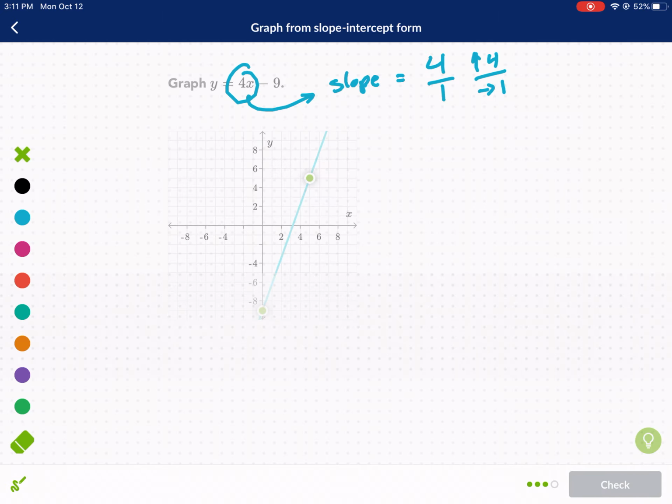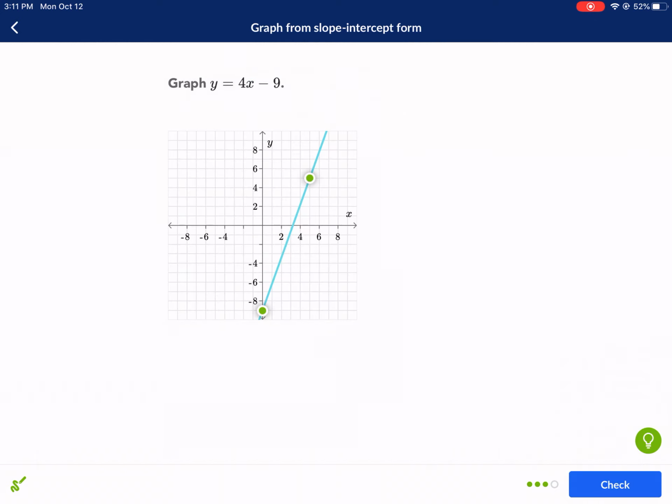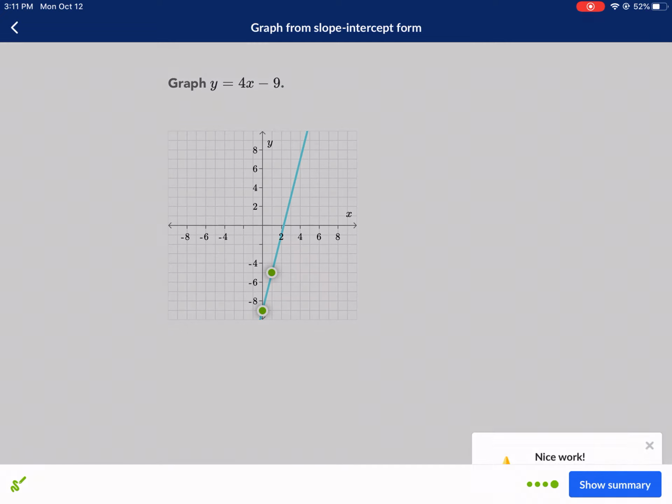Wait, hold on, I think I messed it up. So we go up, 8, 7, 6, 5. Okay, 5, that makes sense. And then I go over 1. So it looks like I'm at the point 1, -5. Is that right? Yeah, that looks right. And then, boom.